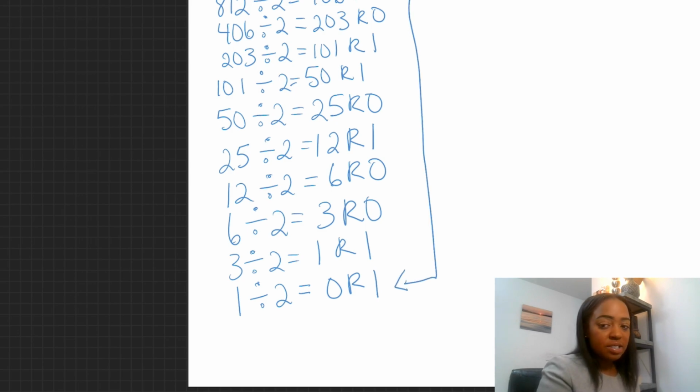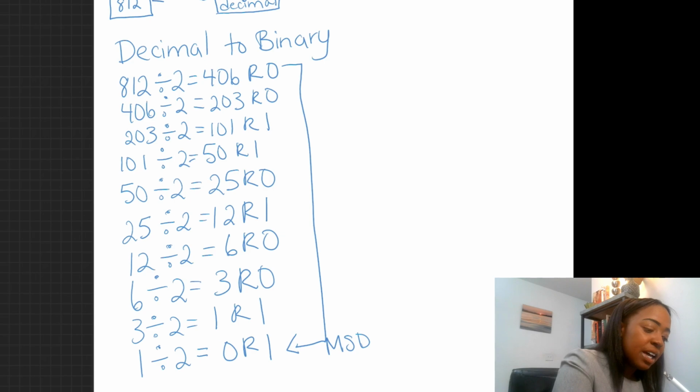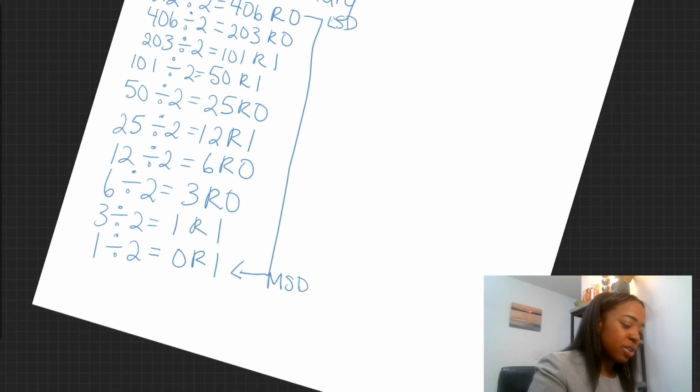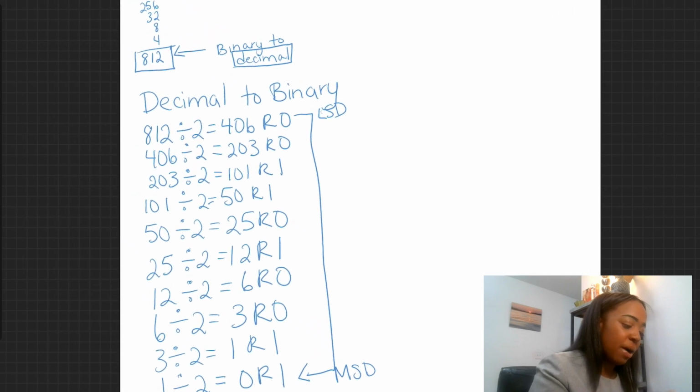When we look at this number, the number at the bottom is the most significant and the number at the top is the least significant, meaning that we're going to start writing our decimal to binary number from what we see at the bottom. All of the remainders are going to turn out to be our binary numbers.